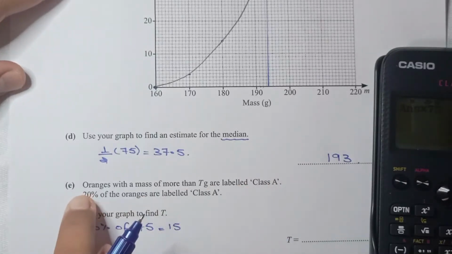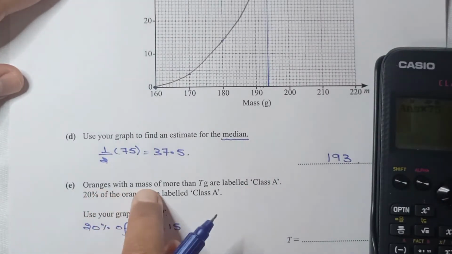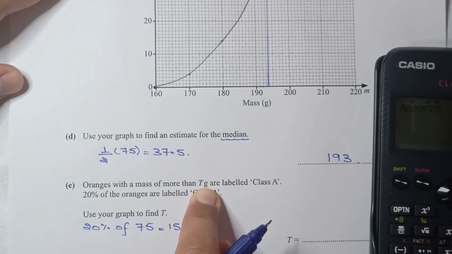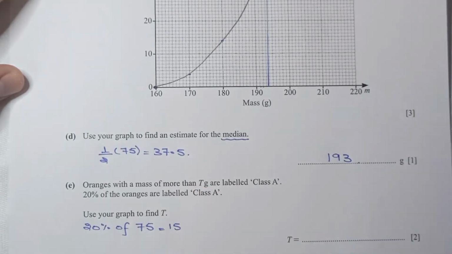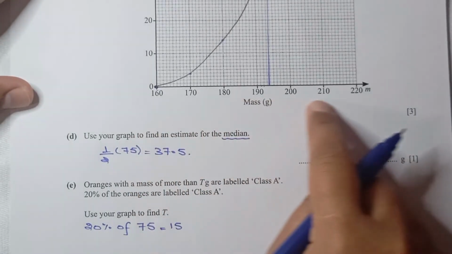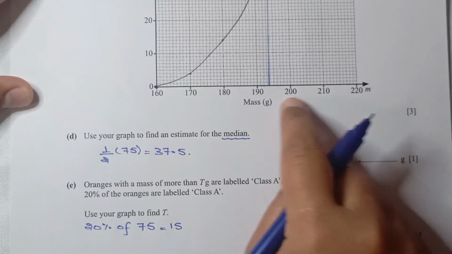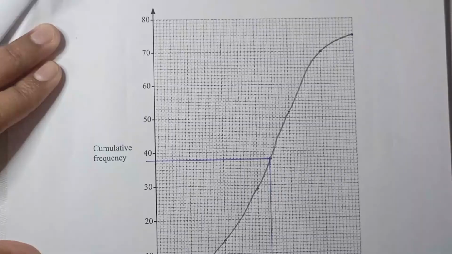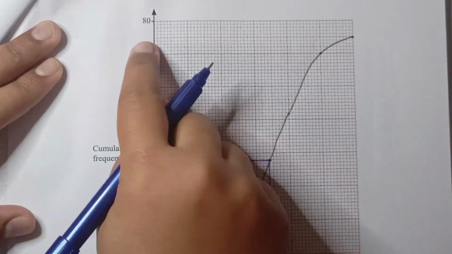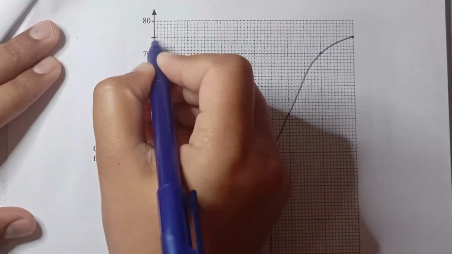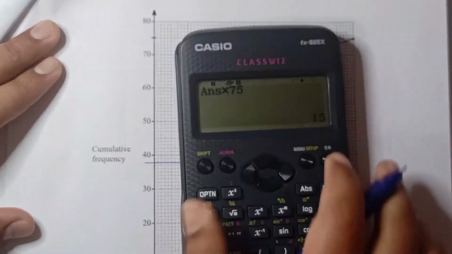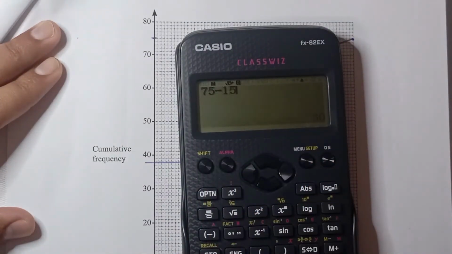But we have been given the information that oranges with a mass more than T grams are labeled class A. So the more masses lie in 200, 210 and 220. As we know the maximum point is 75. Right, so from 75 if we subtract 15 we are at 60.